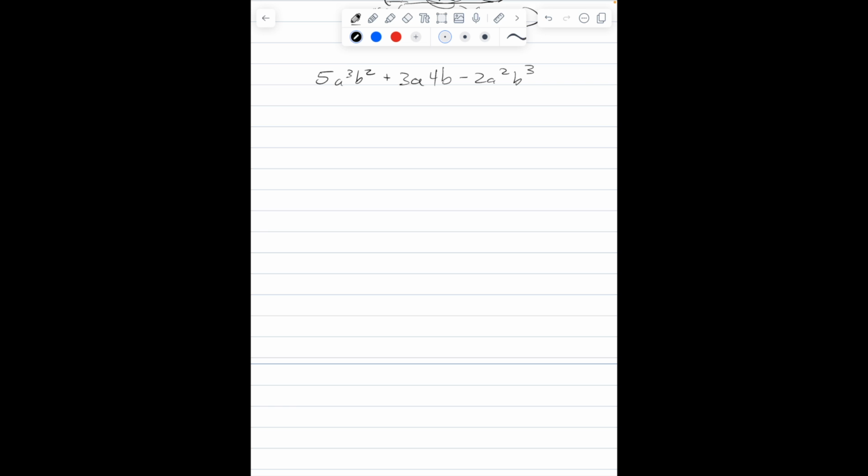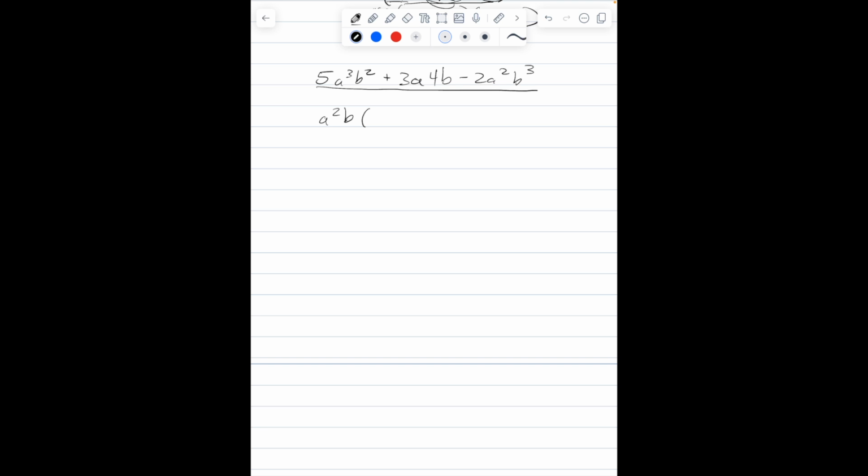Well, looking at this one, I think that we might have a squared b as our greatest. I don't see in the 5, 3, 4, or 2 a common factor, so I'm not going to have a coefficient common factor. Just going to have to look at the variables. Looks like a squared b would be the highest we can go.